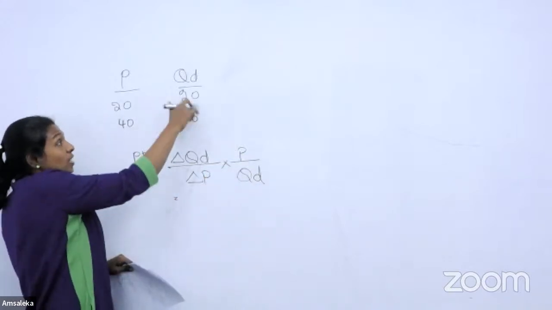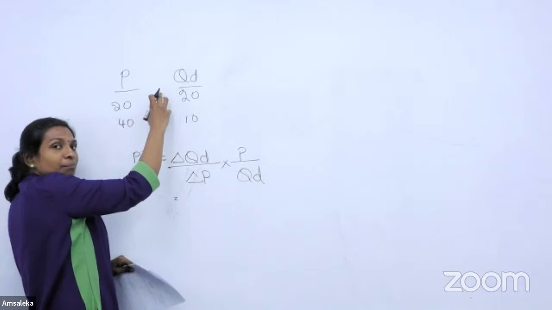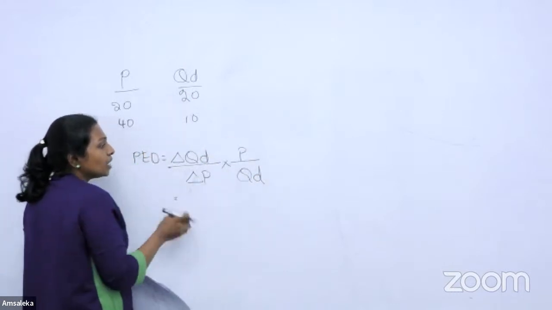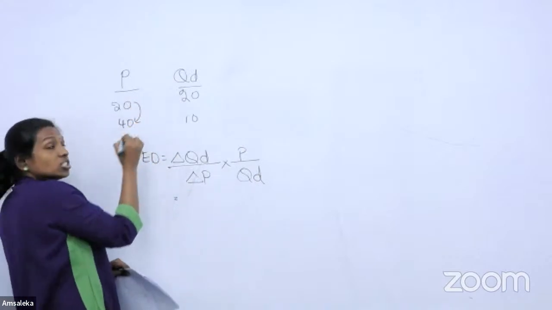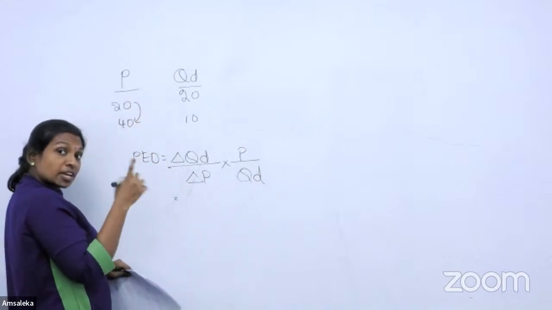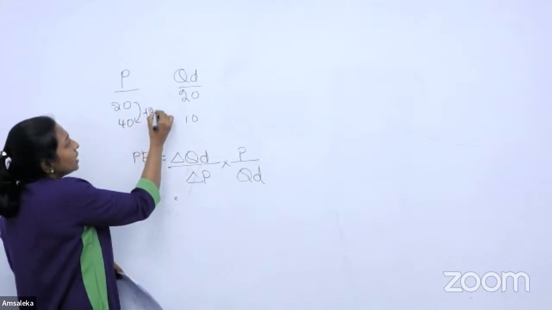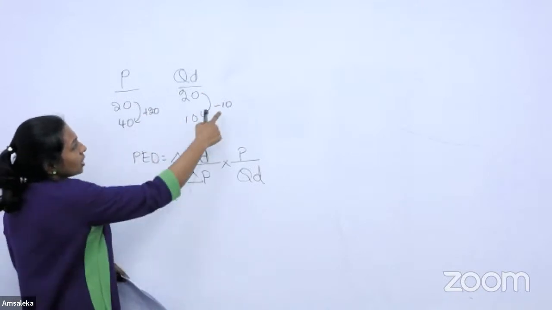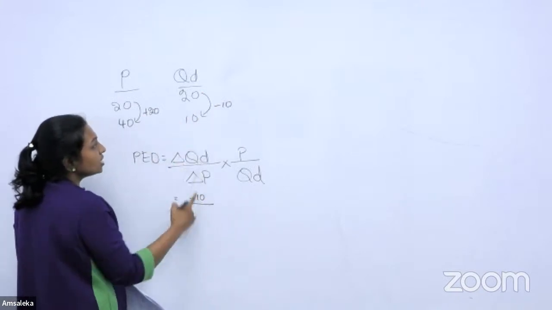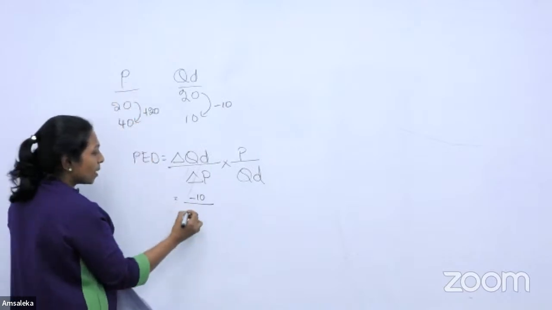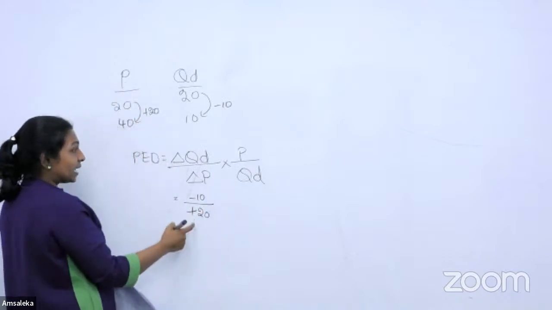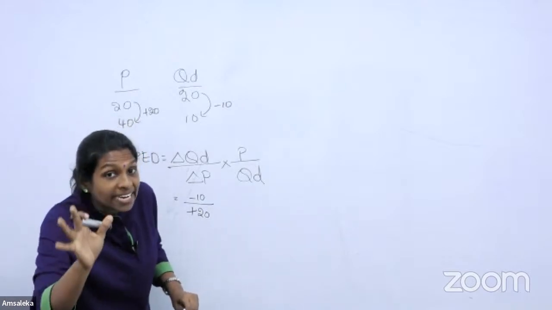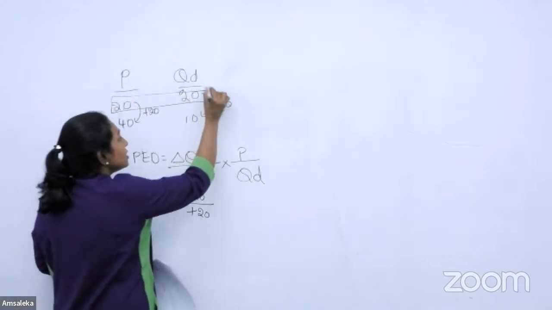Most probably, when number figures are given, they will ask this. Now the change you cannot say as just the number figure, plus or minus. Here 20, here 10, so the QD change is minus 10. P change is plus 20. The particular price and QD are not given, so kindly select the first price and its QD.